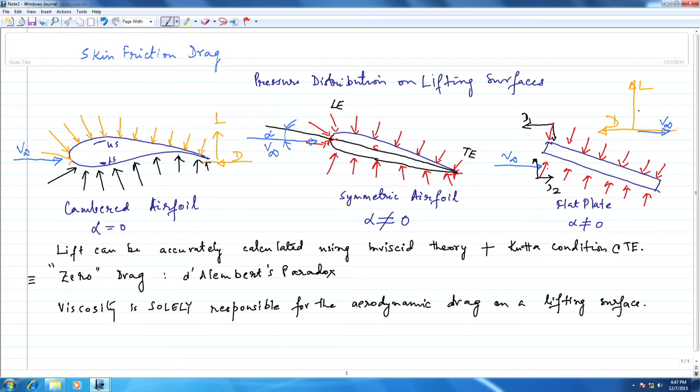Let me write that. This drag, I am going to classify a little bit. Again it has two parts to it. There is the skin friction drag.